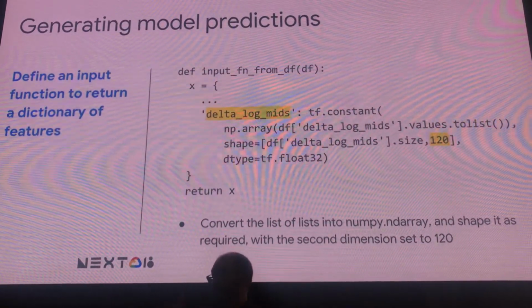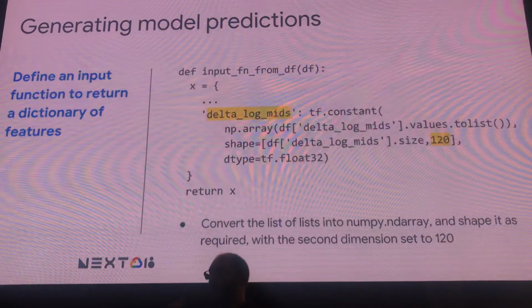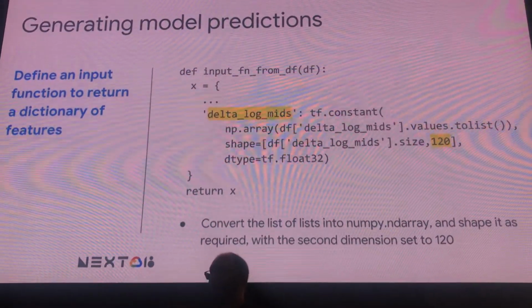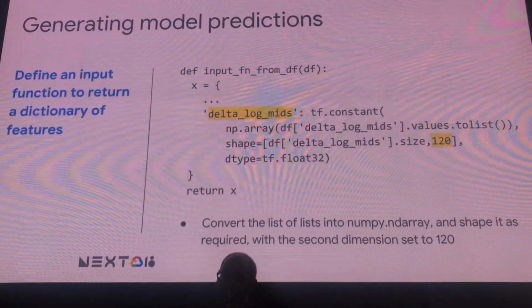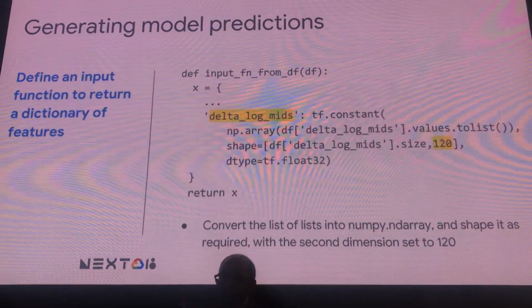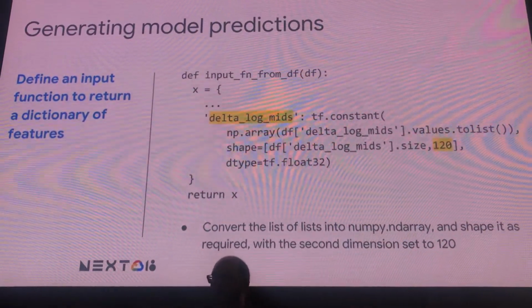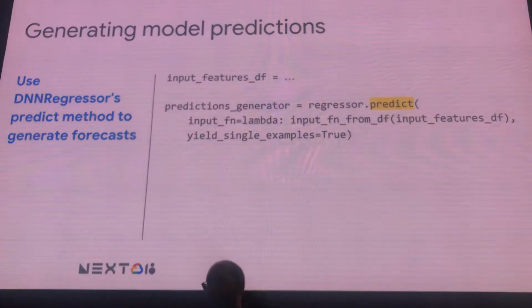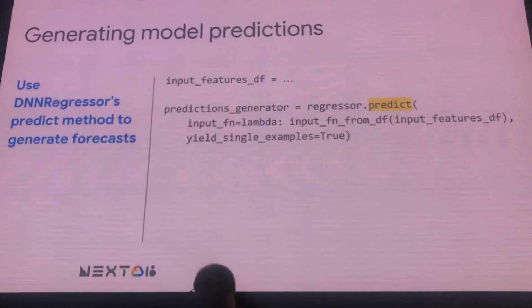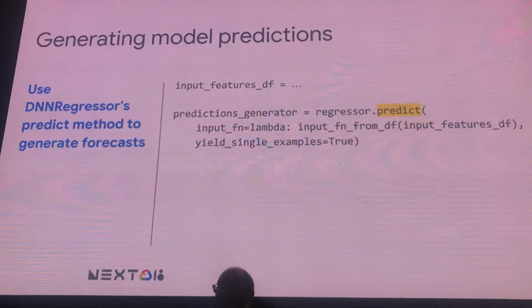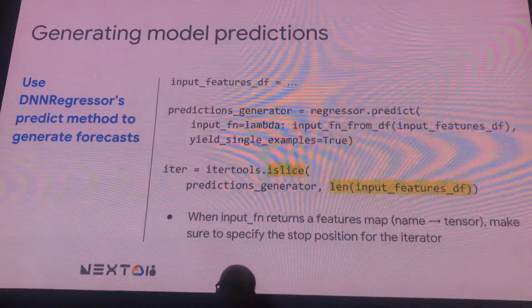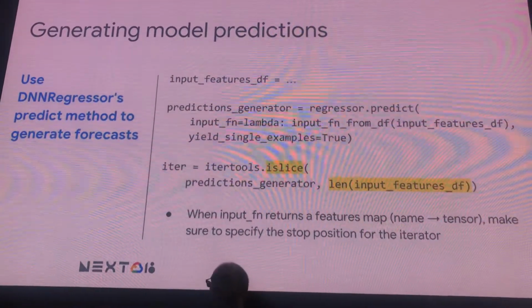There is a little bit different transformation here because first we need to convert the list of lists into a NumPy multi-dimensional array, and then we shape the array as required with the second dimension set to 120. Then we use the predict method that returns a predictions generator. We use the islice method to get the iterator.